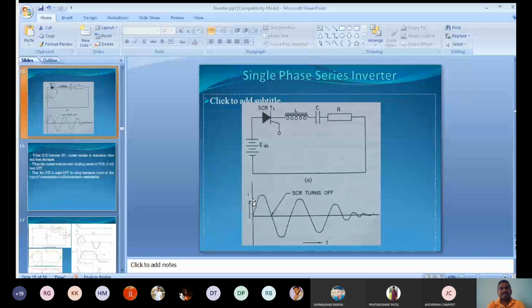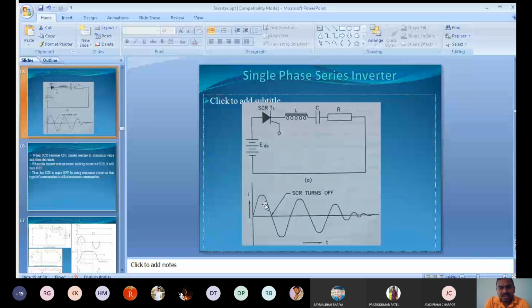Now this RLC makes the resonance circuit, so it makes the circuit underdamped. So at that time what happens? This type of waveform we will get. The current rises to the maximum point, and then the current becomes 0.